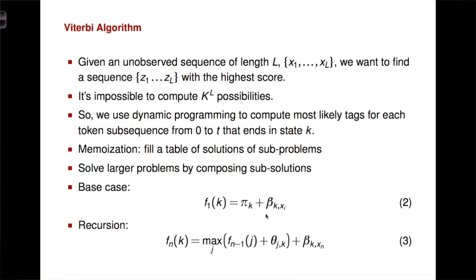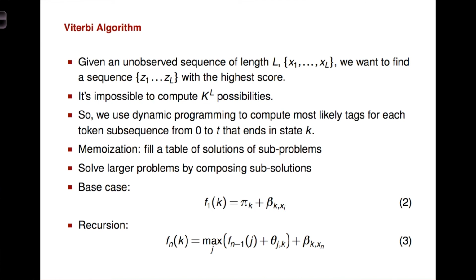You look at how often a sentence starts with a particular part of speech, and then you add in how often that part of speech, k, is associated with whatever word you have in that first position. Here you're just adding two numbers together, and you do that k times, one for each of your k parts of speech. So that's your base case, and then you recurse on that.